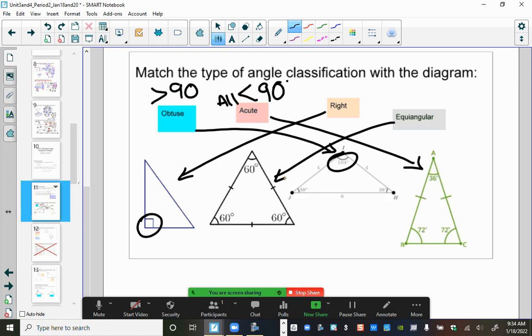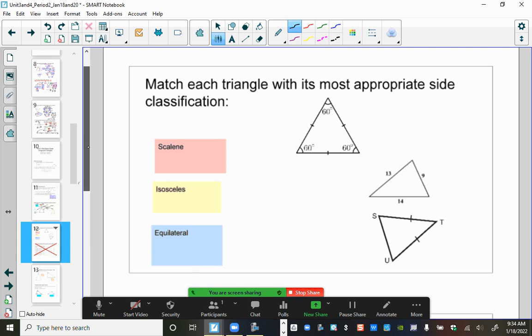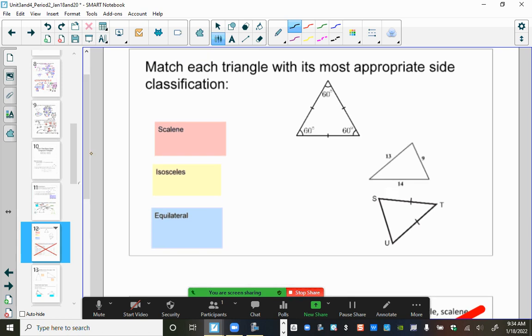The other part I want to talk about: remember the types of triangles, and then we'll talk about the rest next time. Scalene, all are different. Isosceles, two are the same.